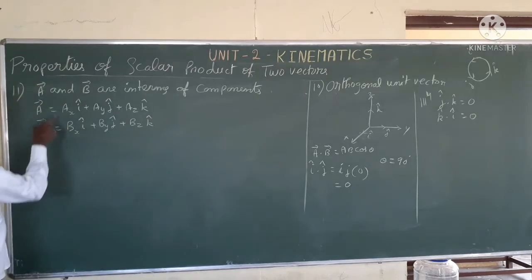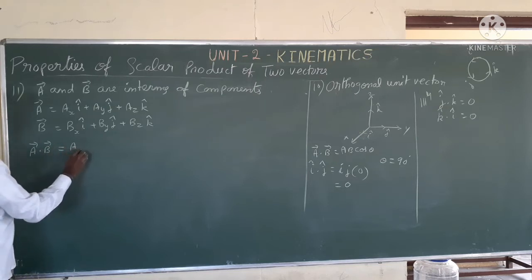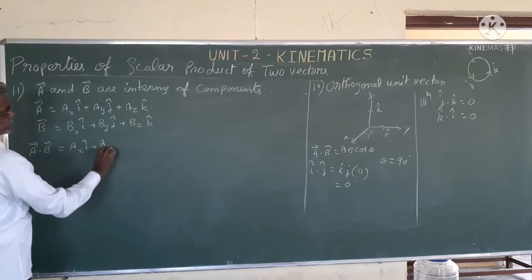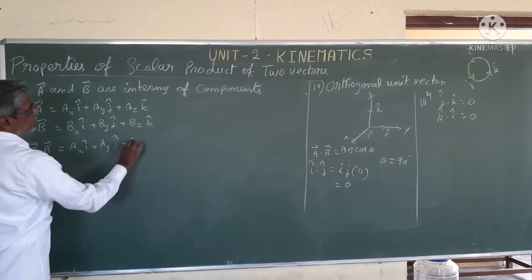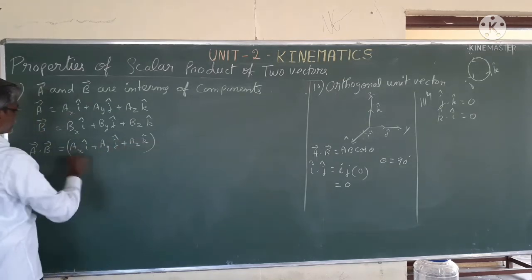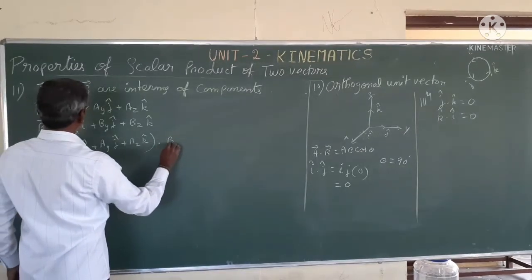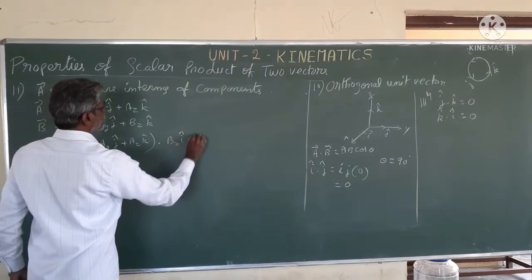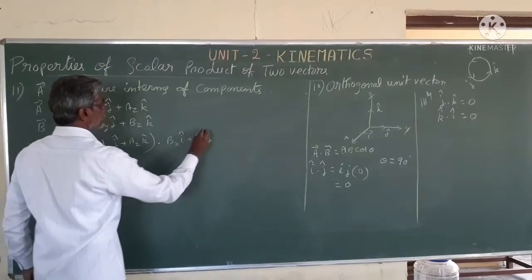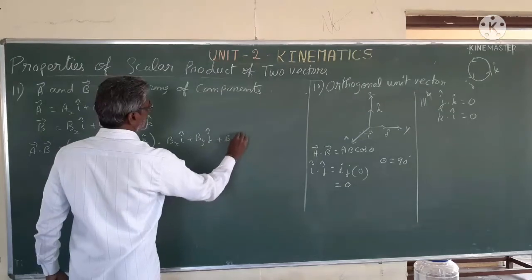Now you find out the dot product of these two vectors. So A vector dot B vector is equal to (AX I plus AY J plus AZ K) dot product (BX I plus BY J plus BZ K).